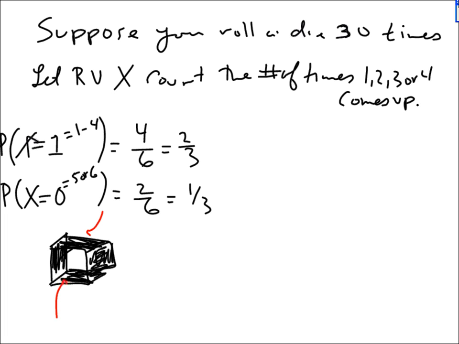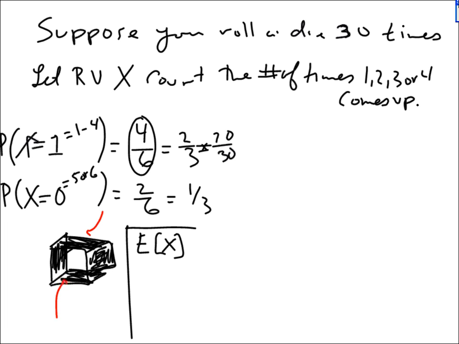Okay, so what is the expected value? What is E of x? The expected value of x. Well, if you throw this die 30 times, you can multiply top and bottom here by 10. Or you can multiply top and bottom here by 5. Either way, 20 times out of 30, you're going to get 1 through 4. So the answer should be 20.